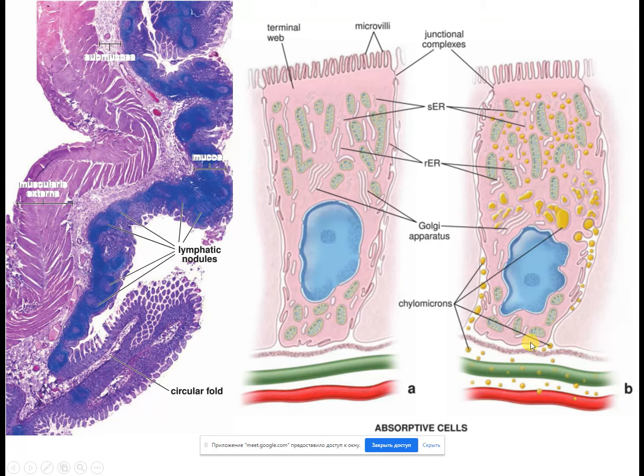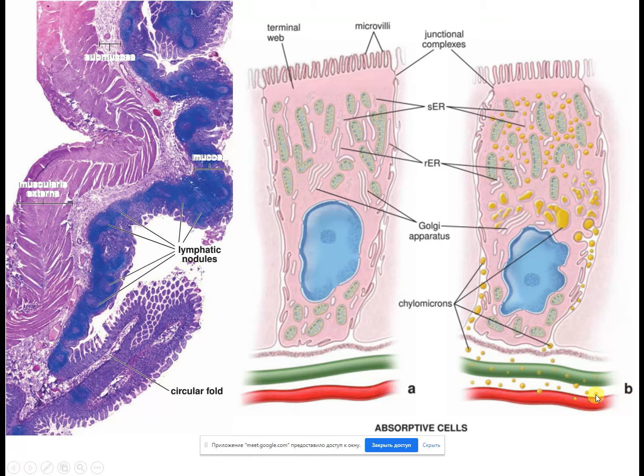If we have carbohydrates or amino acids, they are water soluble compounds, so they are pushed to the lamina propria. Under the basement membrane we have lamina propria, and from there they are easily absorbed into the blood capillary, and from this capillary they travel to the vein.